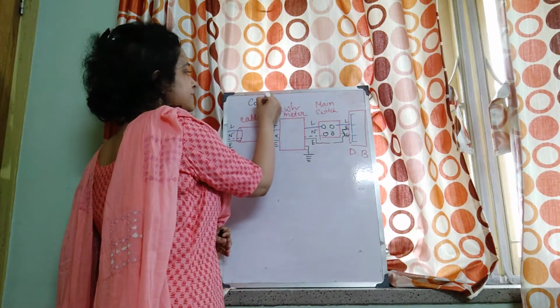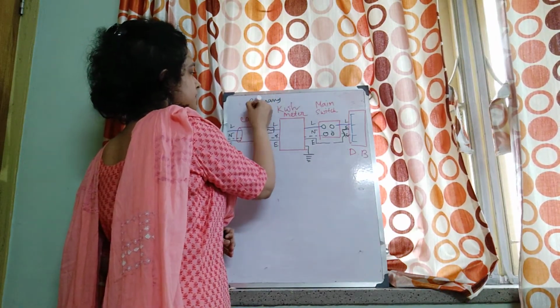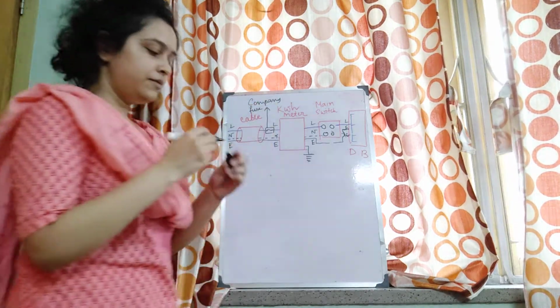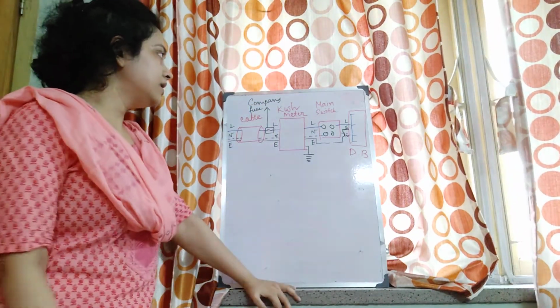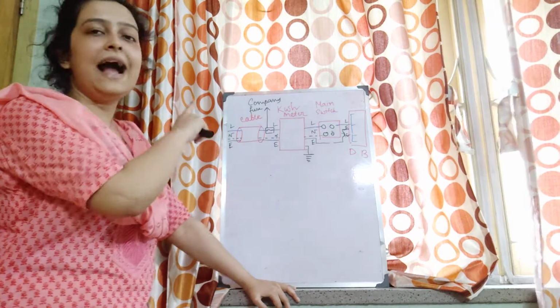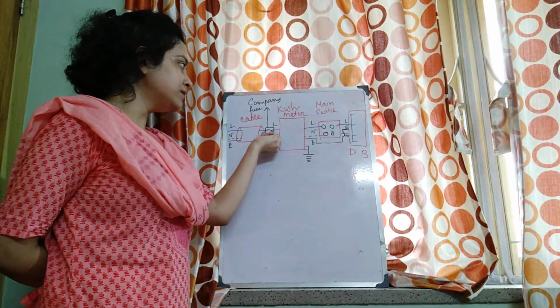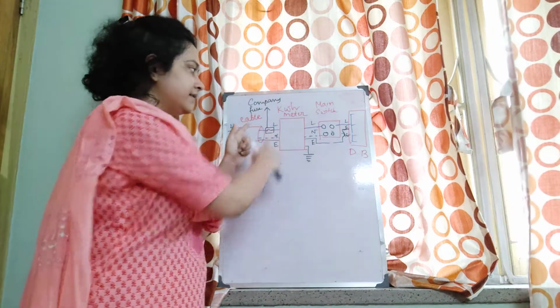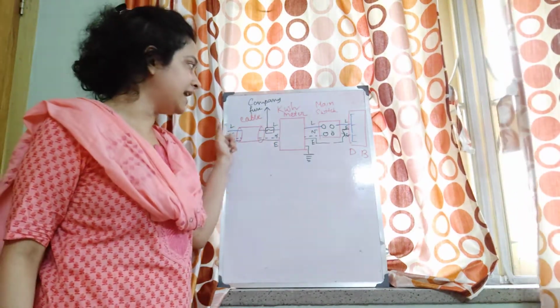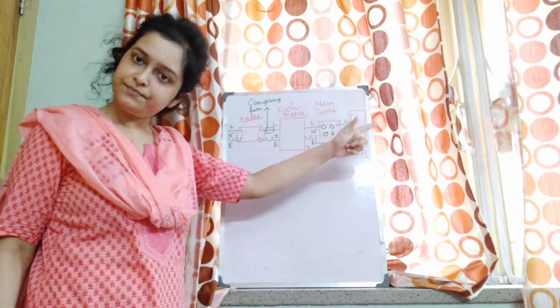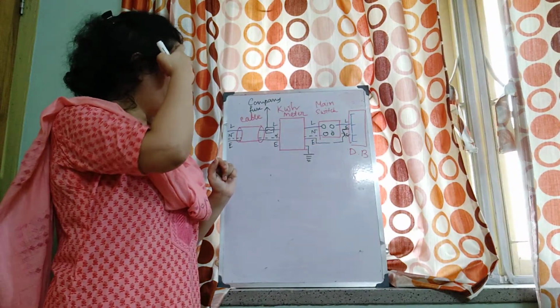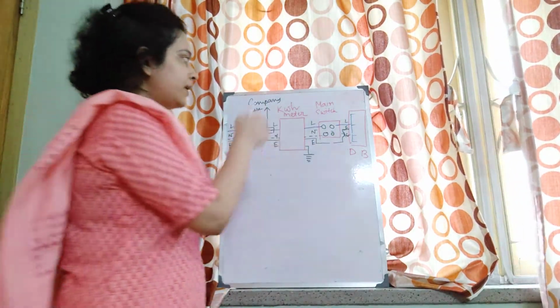This is known as the company fuse, because only the company people can handle this fuse. Notice that the fuse is connected in the live wire, isn't it? What is a live wire? It is carrying the current from the mains, right?